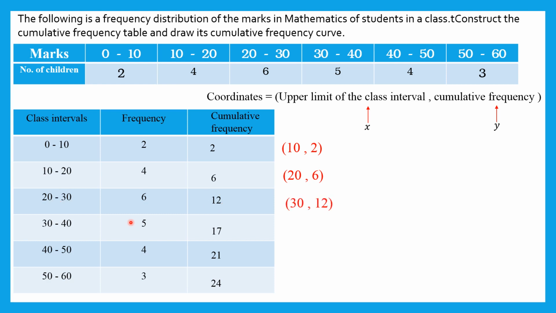Okay, and next one 40, and this one, the upper limit is this and the relevant cumulative frequency is 17. Then 40, 17. Then 50, 21. And last one 60, 24. Okay, now we found 6 points. Now we can draw the cumulative frequency curve.